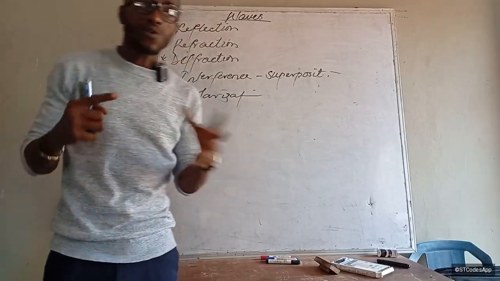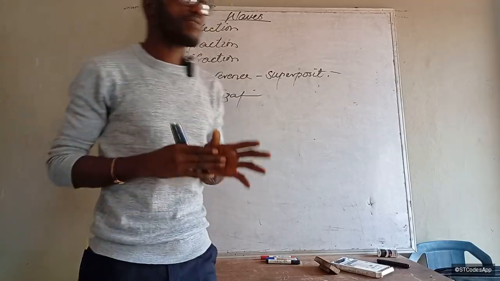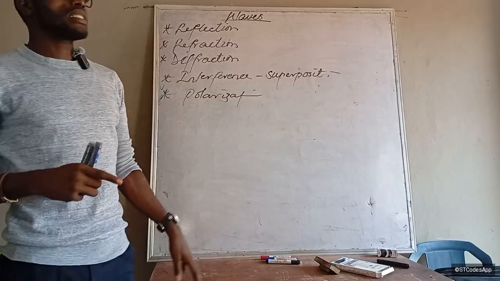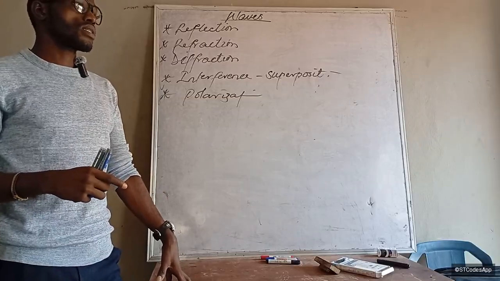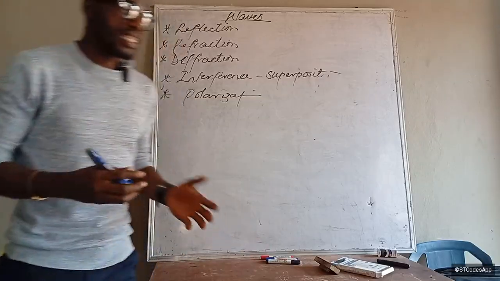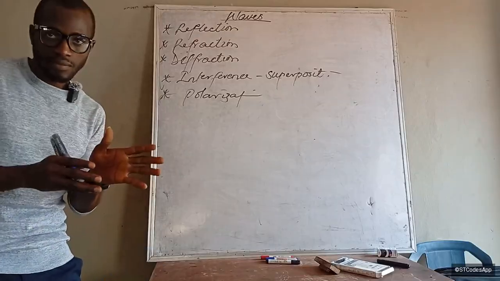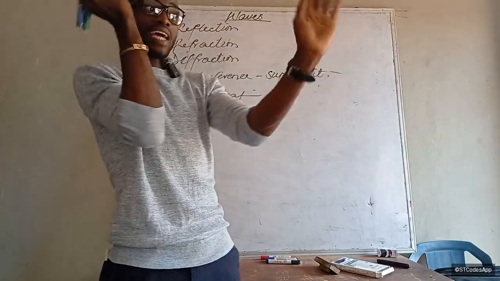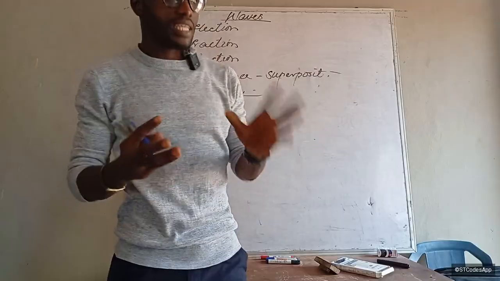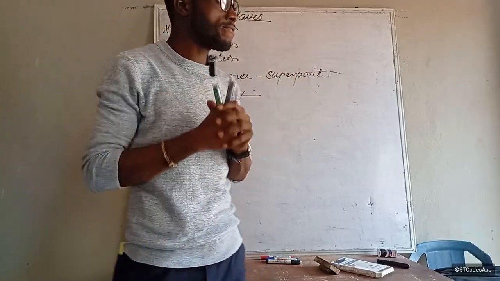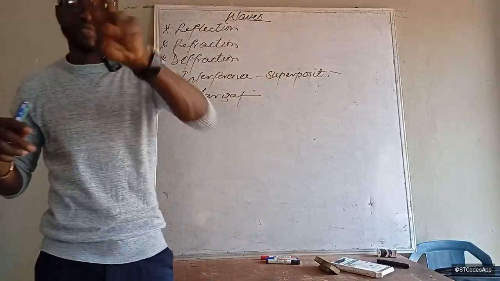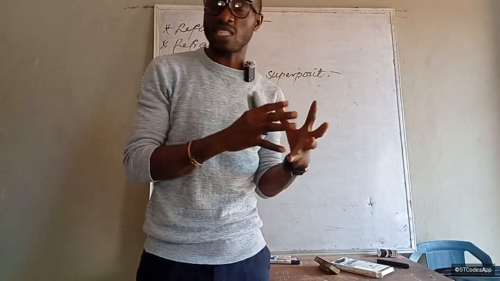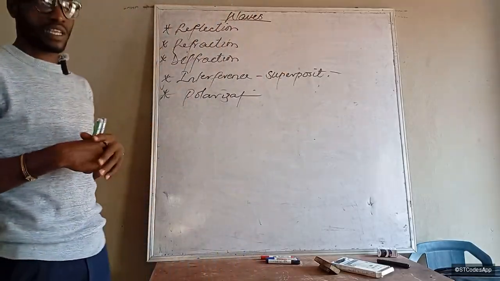One, the waves must have a coherent source, and coherent source simply means their source of vibration is the same, okay, and they are polarized along the same side. There are two types of interference. There's one that is called constructive interference, the other is called destructive interference.